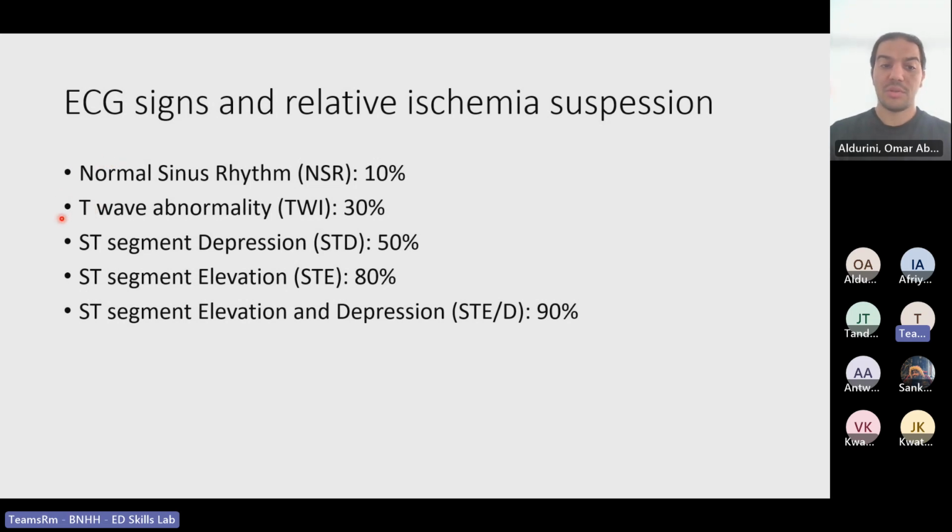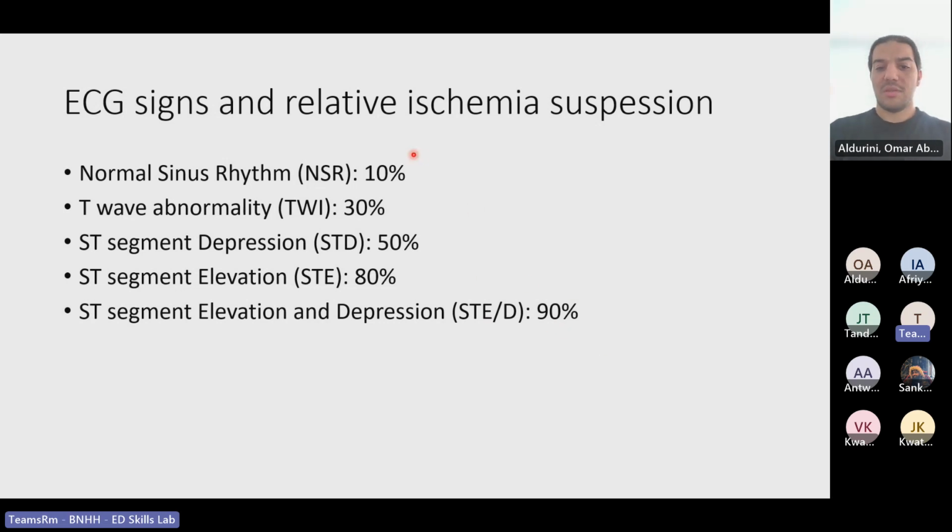Second change that we can see is a T wave abnormality, usually a T wave inversion. The T wave, instead of coming up, usually goes down. We will see examples for each change in the coming time. Then we will see an ST depression. This has a 50% chance of ischemia, and ST segment elevation has an 80%, and ST segment elevation in some leads and depression in other leads has a 90% chance.